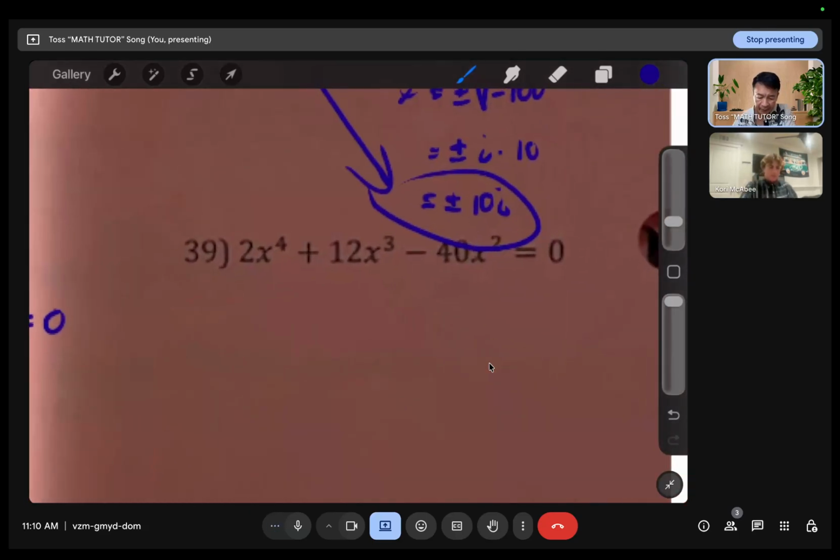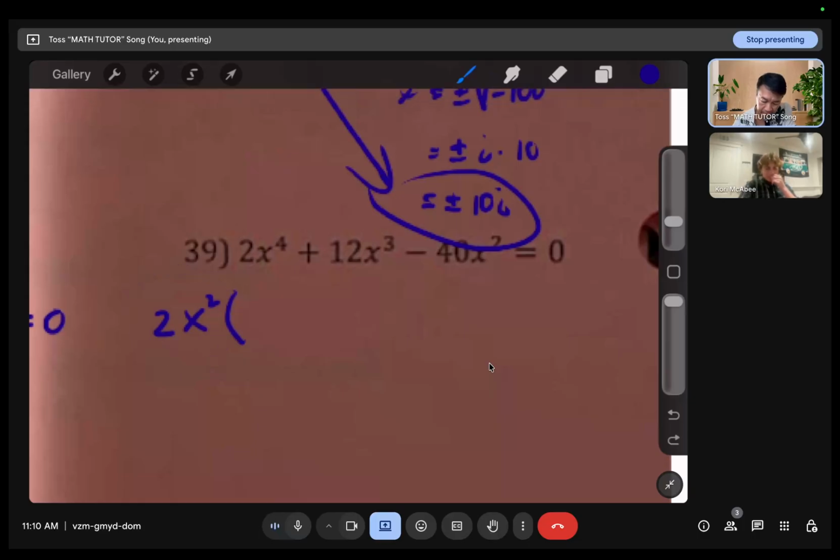This one, factor out the x squared and the 2. The 2 can divide into all the coefficients because they are even, so the GCF is 2, the biggest number that can divide into all the coefficients. At the same time, the x squared can be pulled out. So the GCF is 2x squared. But this time we're going to need it to set equal to 0.